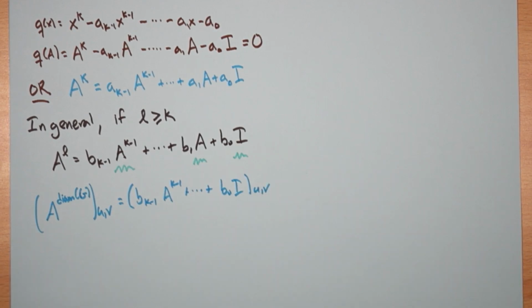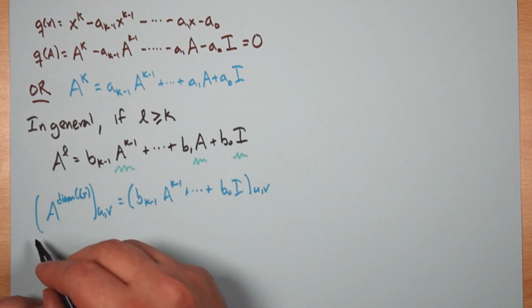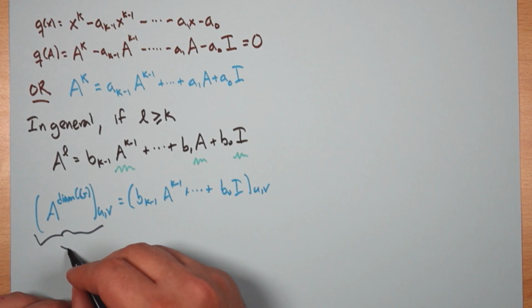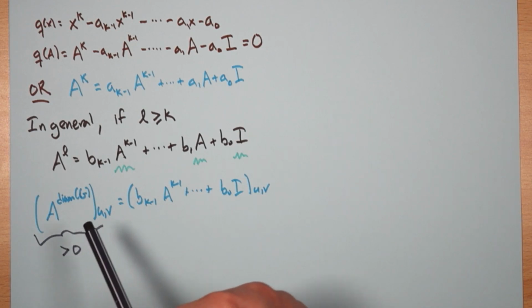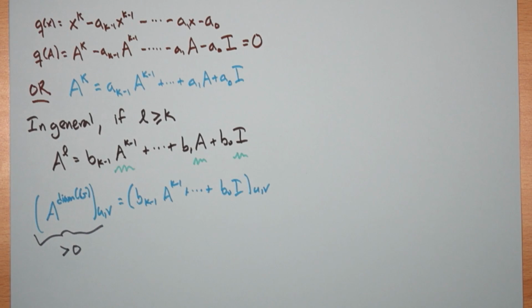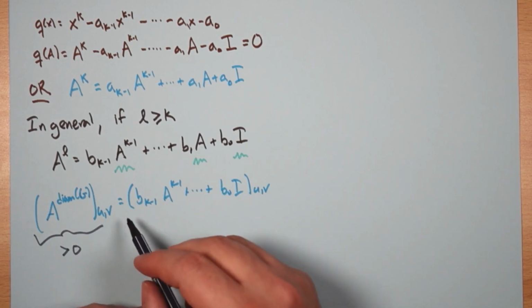All right, now we know for sure that on this left-hand side that this is positive, because here the UV are not just any pairs of vertices, but pairs of vertices maximally far apart. So what does that say?